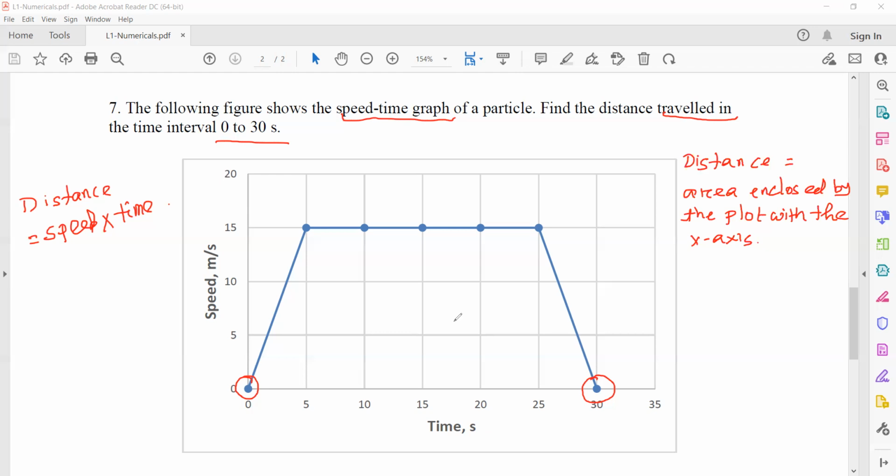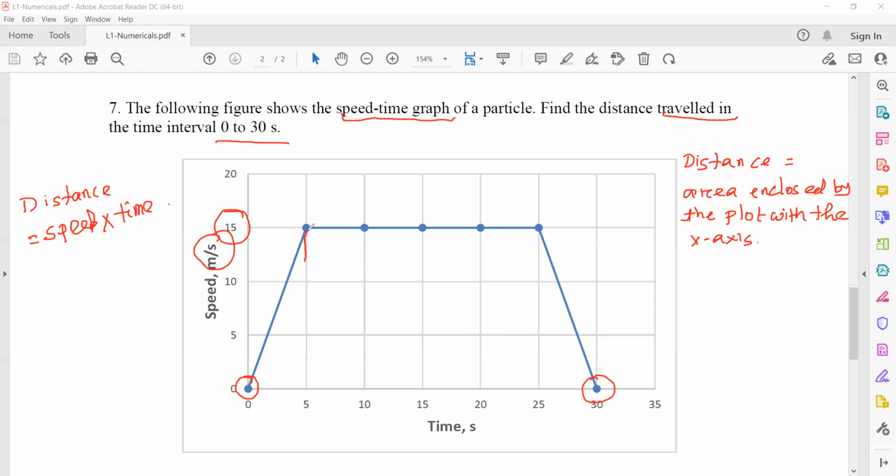So let us do the calculation. Again, speed, you see speed is constant at 15 meters per second. So how we can calculate this? For simplification, let us divide this area into 3 portions.